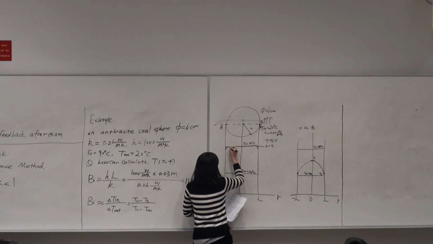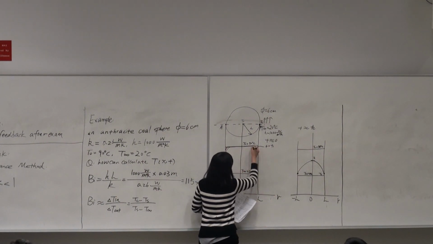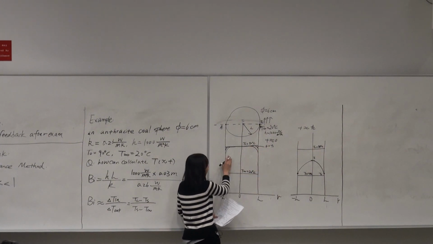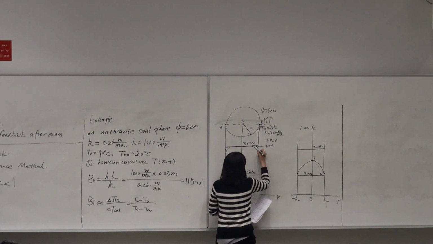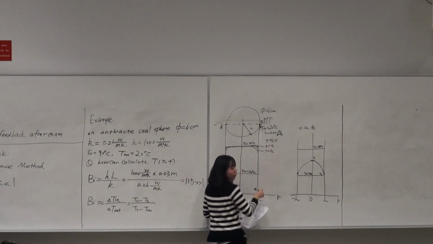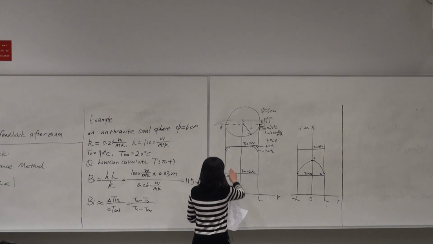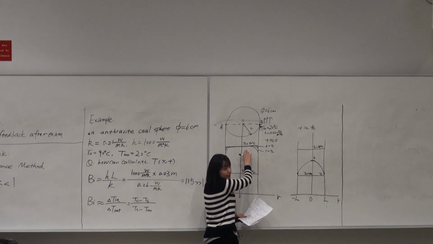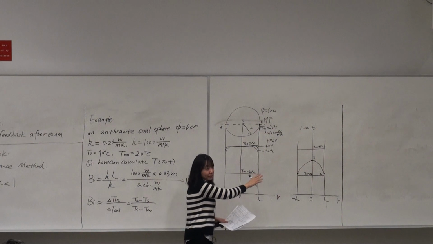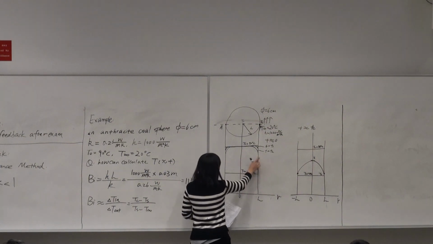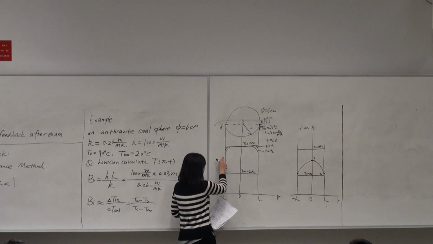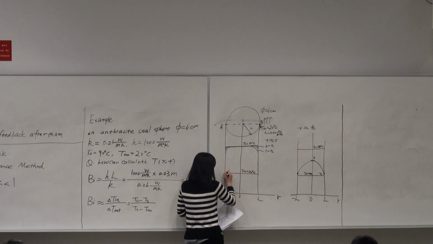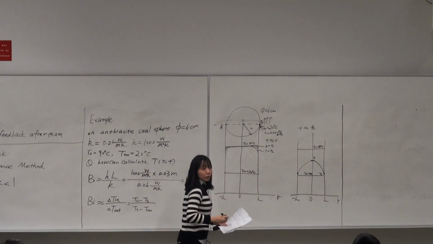With increasing time, the surface temperature keeps decreasing. You see, this is T equals T2. Now at this stage, the center has no idea what is going on outside. The cooling process only cools the surface temperature for now. So the surface temperature decreases until it reaches that of the fluid temperature.